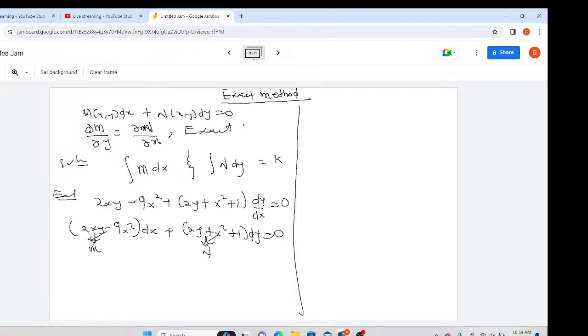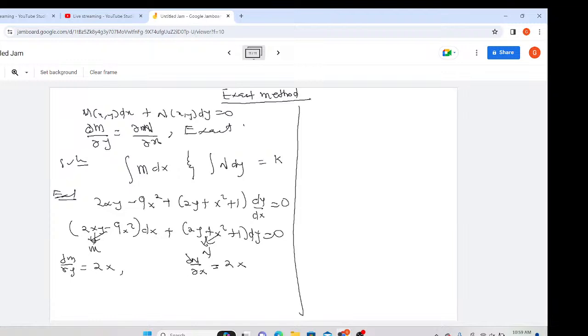When I differentiate M with respect to y, let me differentiate this whole thing with respect to y. So dM dy is equal to 2x, and then dN dx is equal to 2x. Because they are the same, I can see that this differential equation is exact.